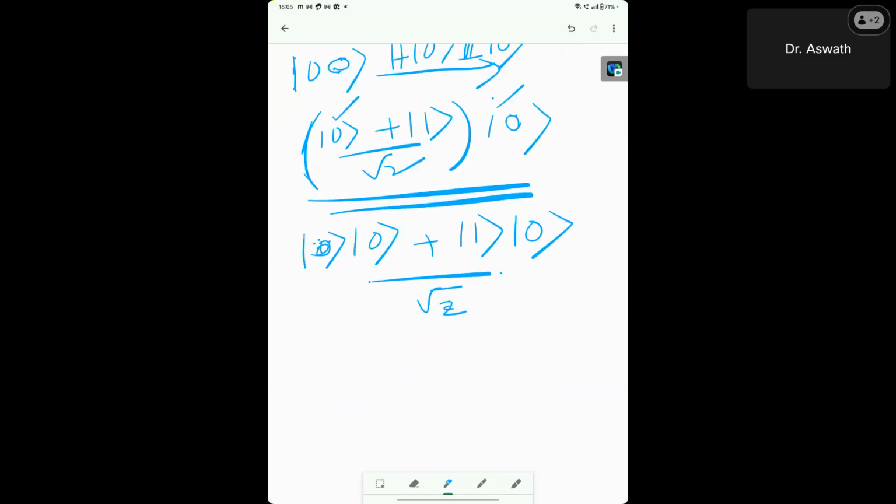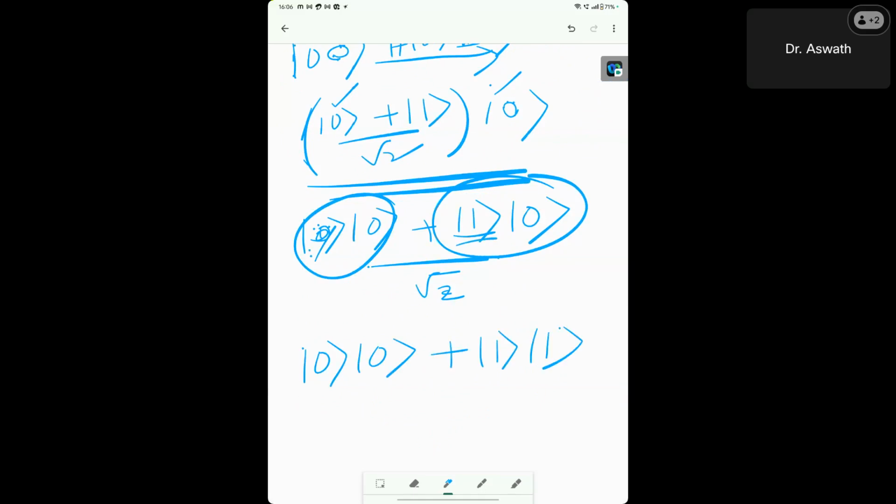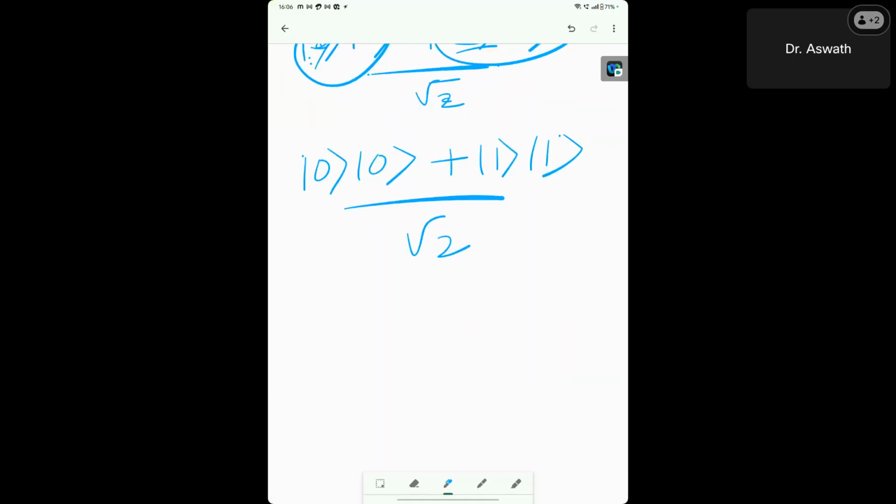Now I know how to apply the CNOT gate on this. If you apply the CNOT gate, when the control is 0, the target is not going to change anything. But whenever control is 1, the target is going to flip. So I'll get output like this. Now I have two quantum systems, right?